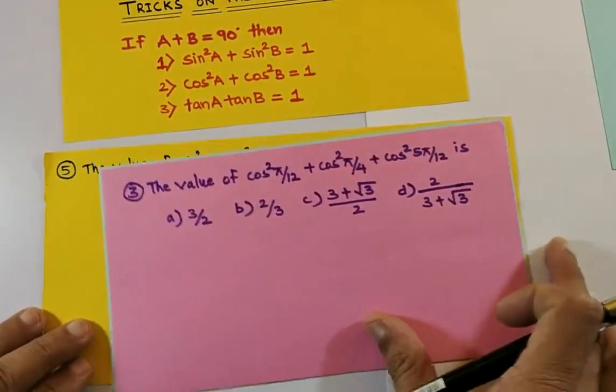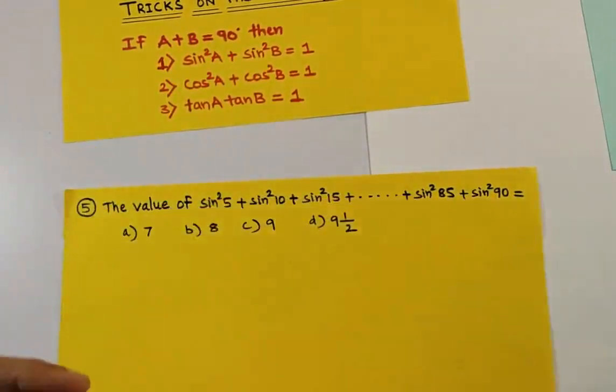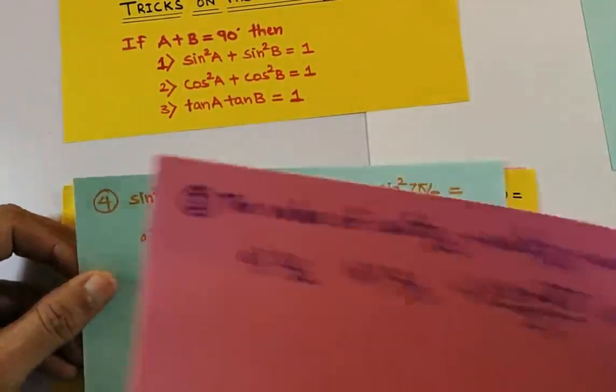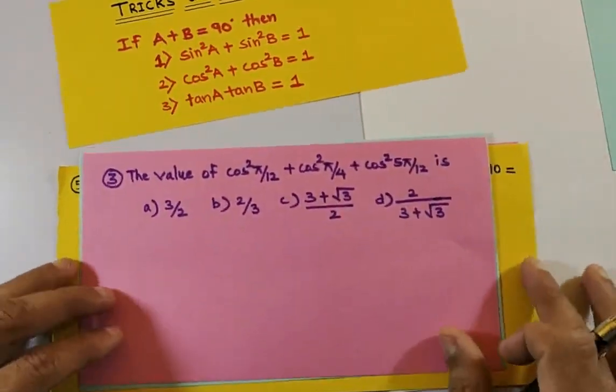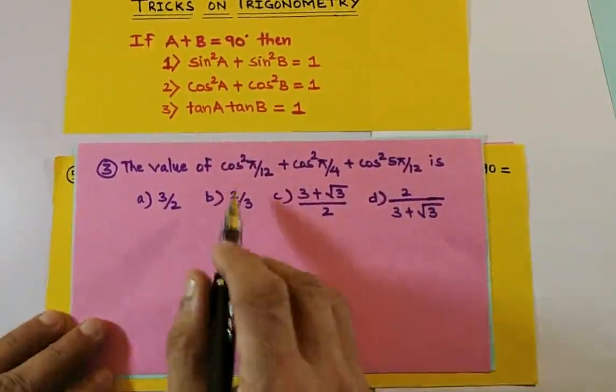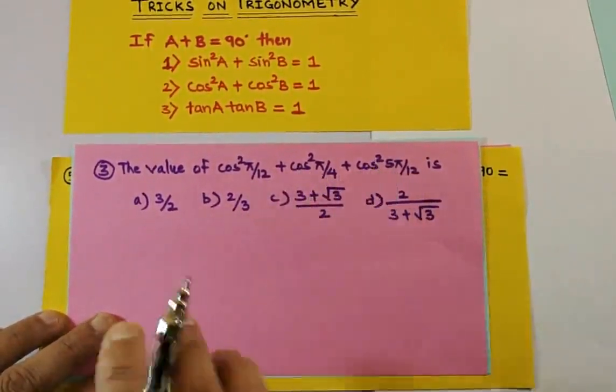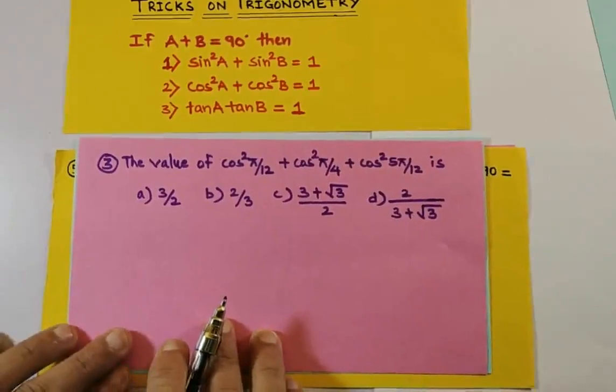Second I have completed. If I take the third one, the value of cos square pi by 12 plus cos square pi by 4 plus cos square 5 pi by 12.